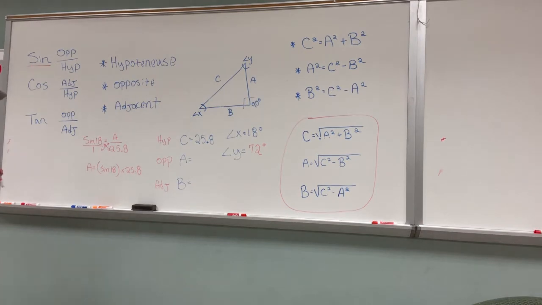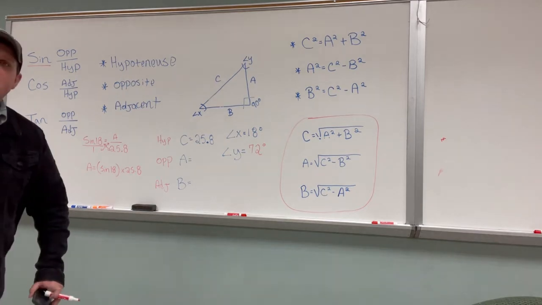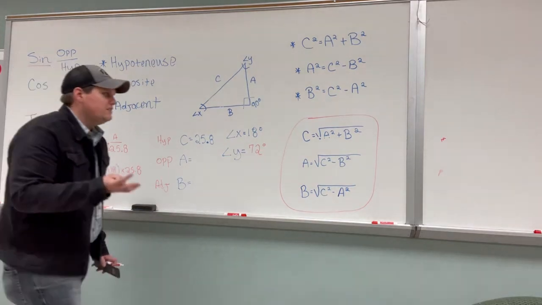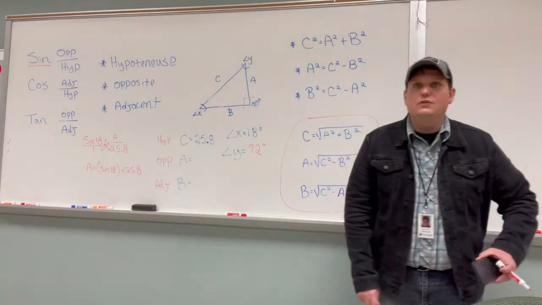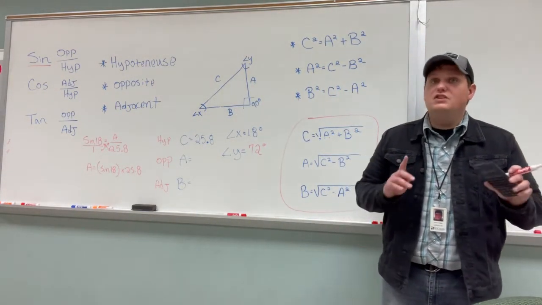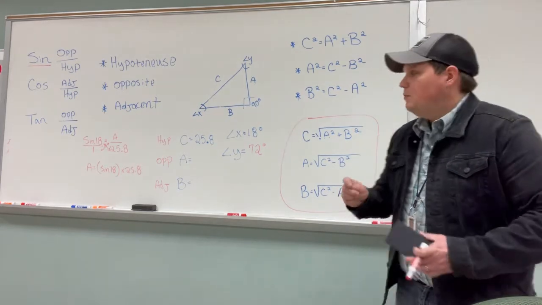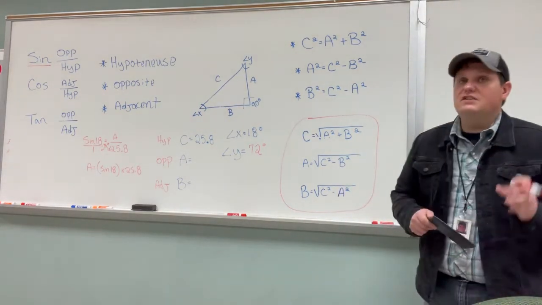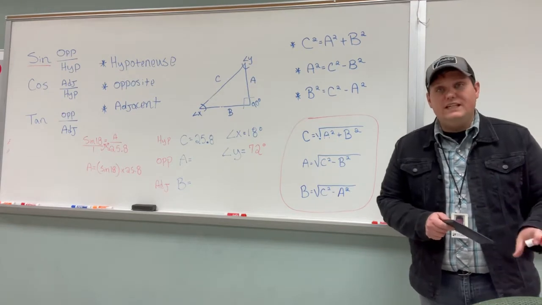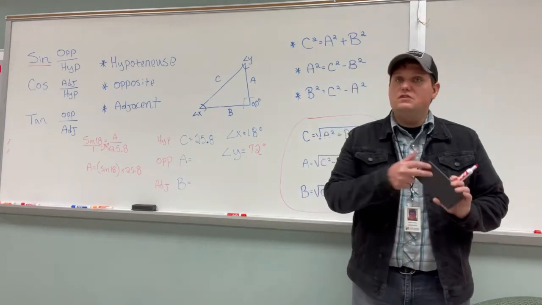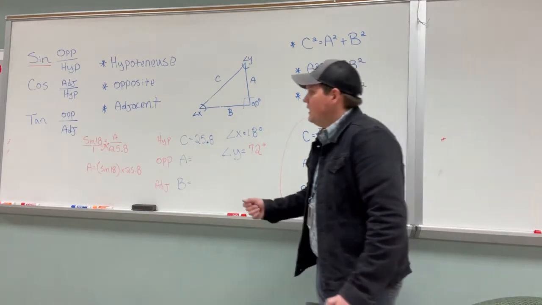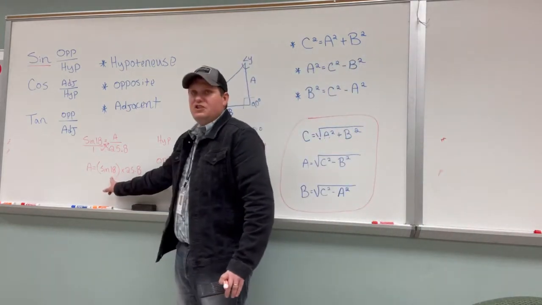Okay? So in your calculators, it depends on which calculator you have. In the syllabus, it states that the TI-30XA will work just fine, and it will. If you have the TI-83 and up, that works just fine as well. So depending on which calculator you have, how you key this is slightly different. If you have the TI-30XA, the smaller calculator, then you will need to punch in the angle first.